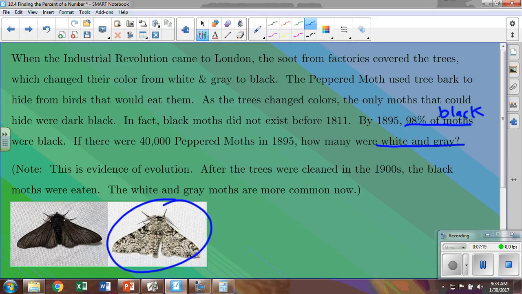Of course, the total has to be 100%. So if 98% are black, 2% are white and gray. So this is letting us know we are looking for 2% of the 40,000. And so there's our problem. What is 2% of 40,000?